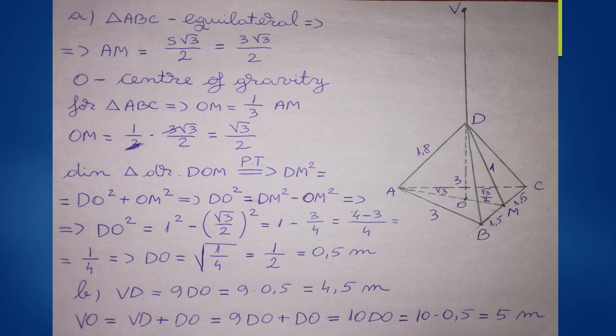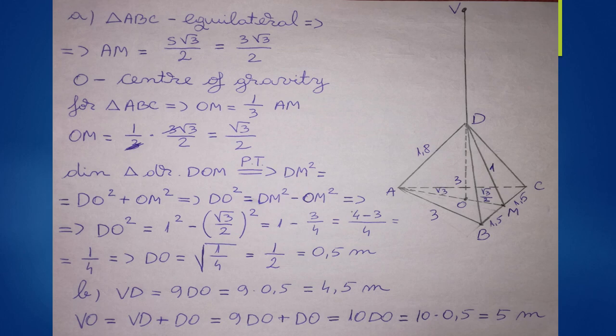So DO squared is equal to 1 squared minus square root of 3 divided by 2 squared, which is equal to 1 minus 3 over 4, which is equal to 1 over 4. So DO is equal to square root of 1 over 4, which is equal to 1 over 2, which is equal to 0.5 meters.